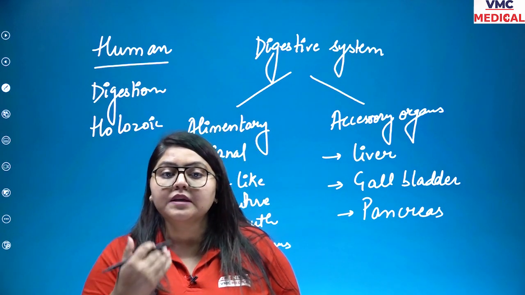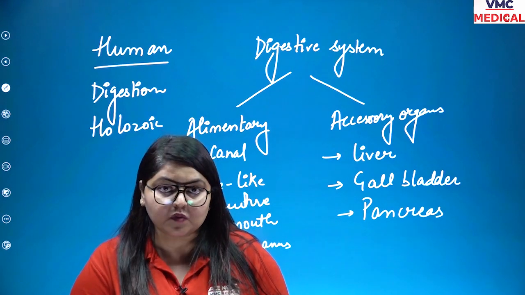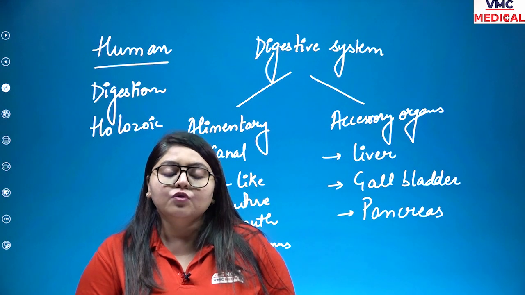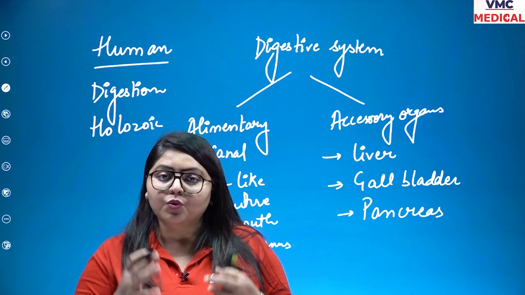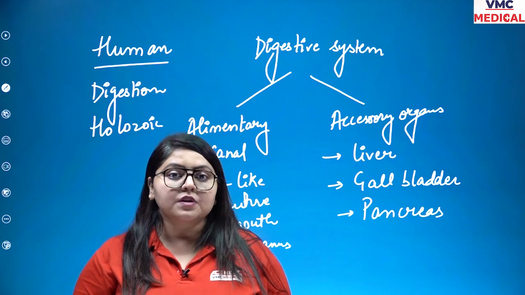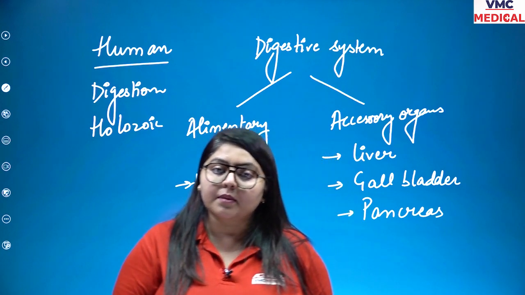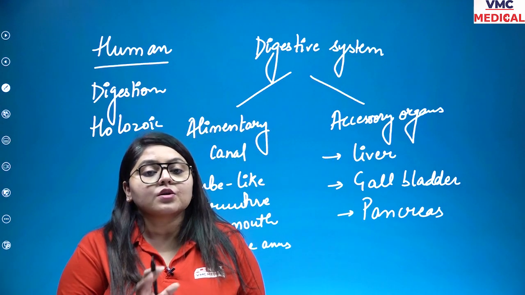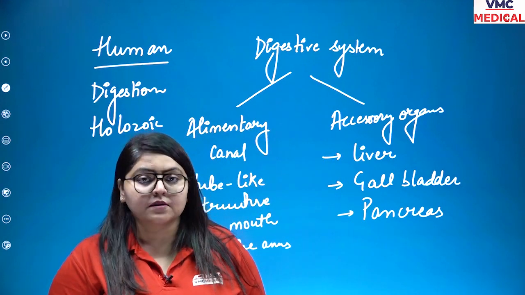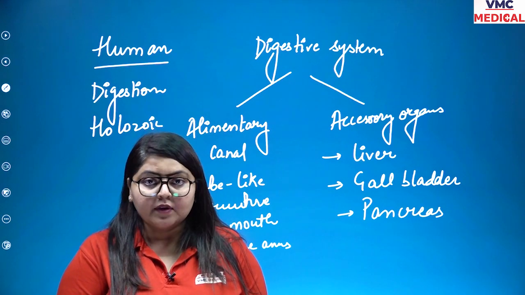So now from the esophagus, what happens? There is this peristaltic movement which happens. This peristaltic movement actually helps the food bolus to pass through the esophagus and get into the stomach, right? This bolus then goes into the stomach. Now your stomach is having 2 things, the gastric juices and HCl, right?